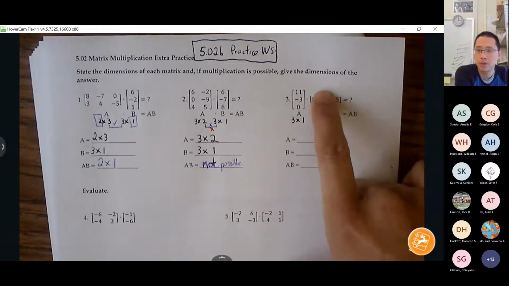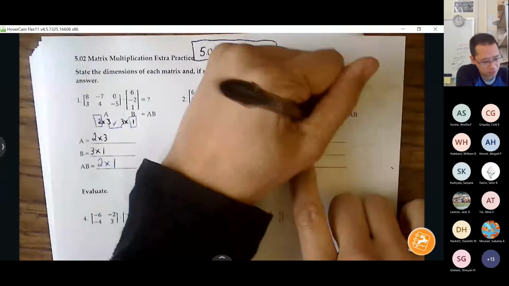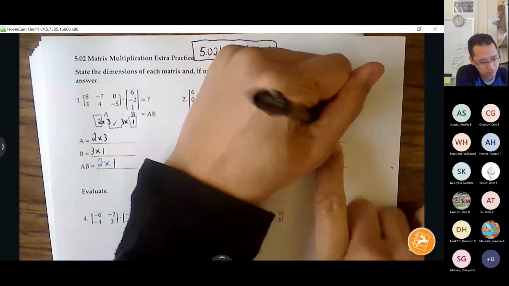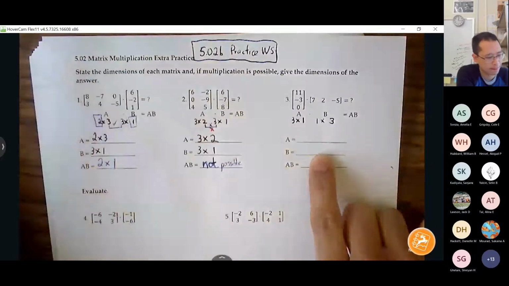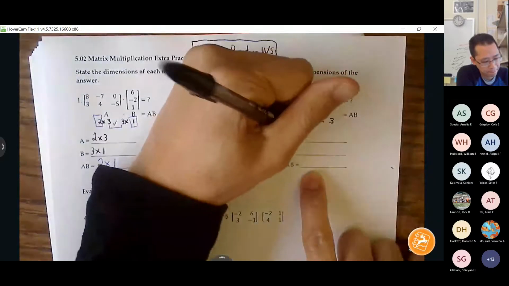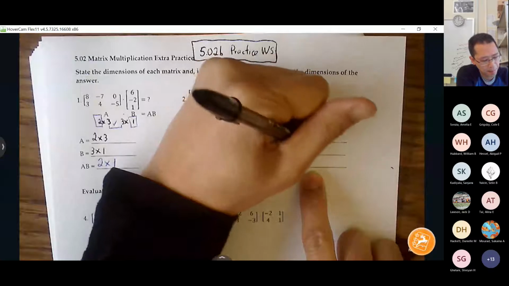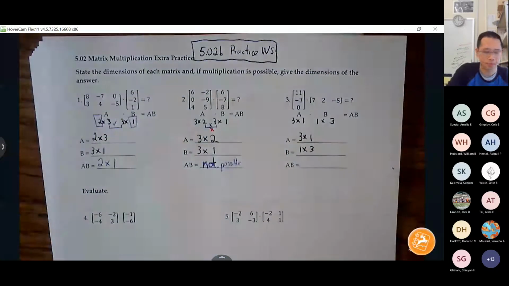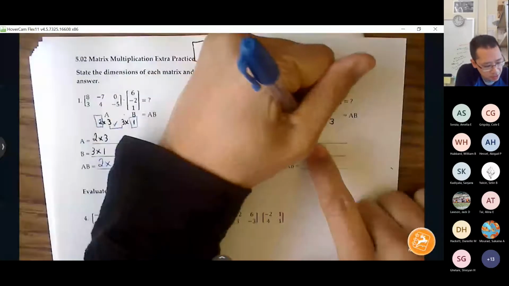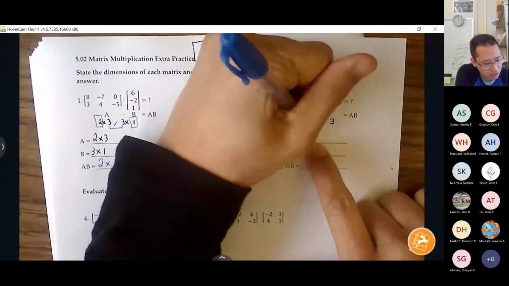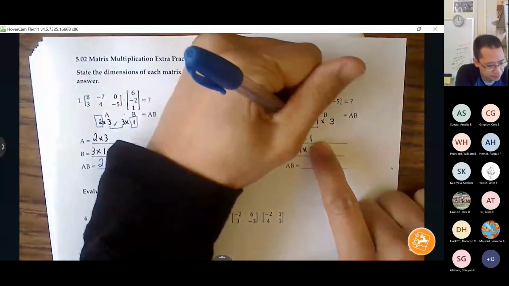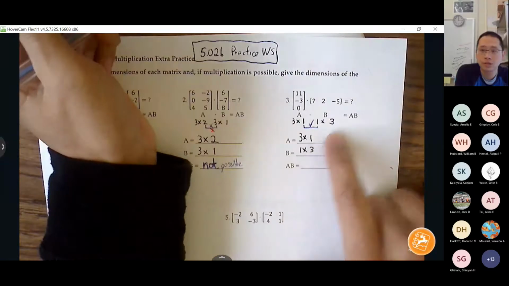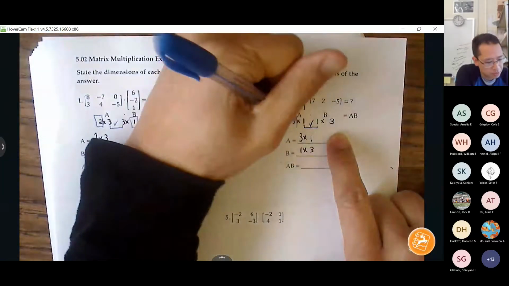One row, 3 columns. Okay, it does pass the test. Our inner dimensions are the same. So our resulting matrix will just be a 3 by 3.